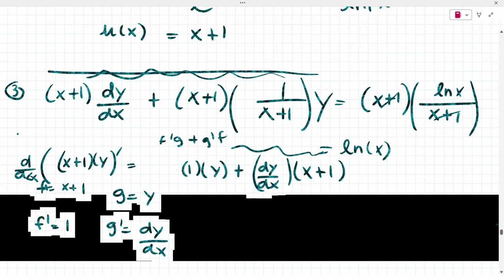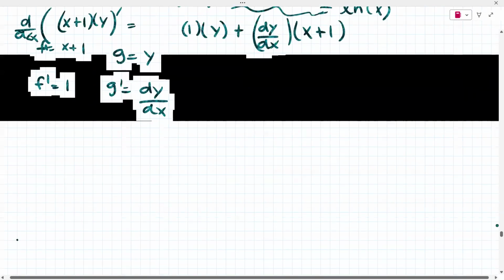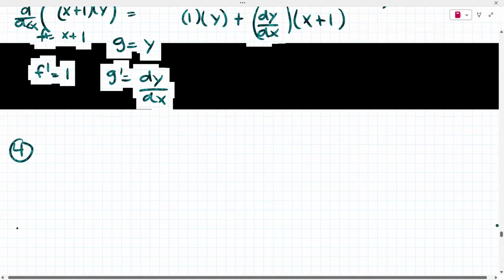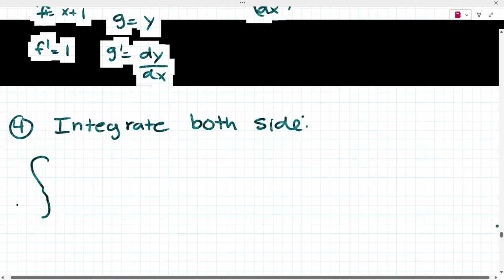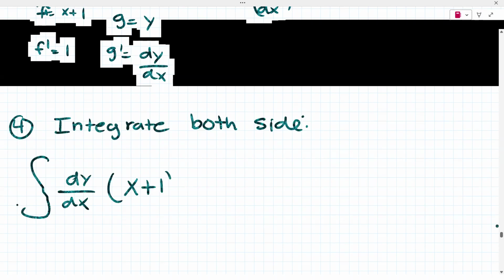Okay, step 4, integrate both sides. Okay, we got dy dx of x plus 1 times y equals the integration of ln of x dx.